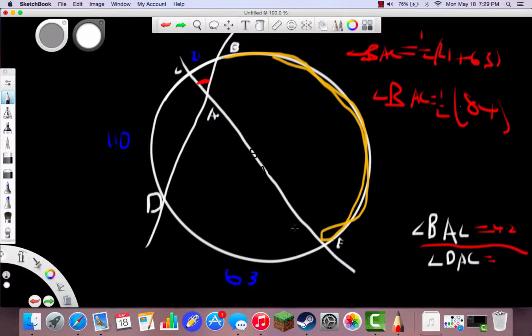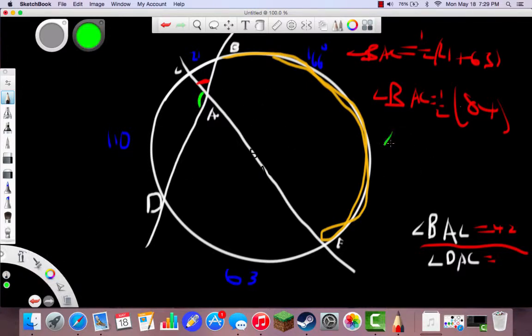So now we know that this arc BE here is 166 degrees. Now we can find angle DAC, which is right here.